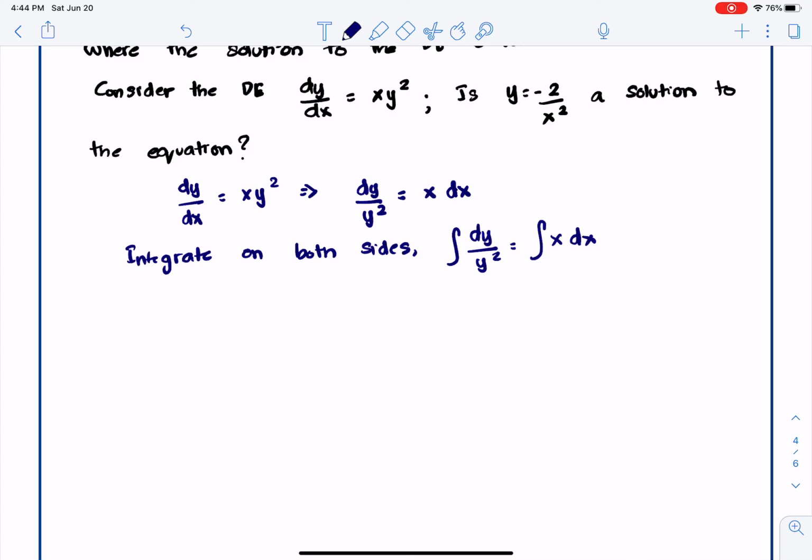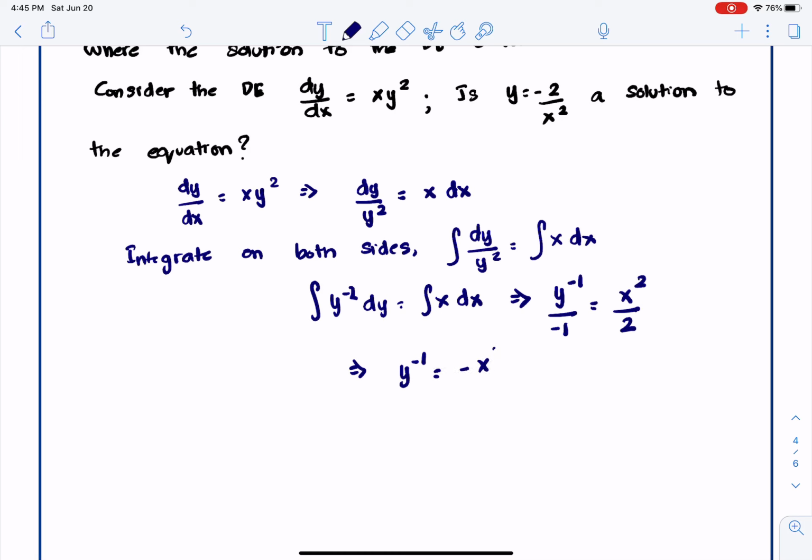So y raised to negative 2 dy equals x dx. So we will have y raised to negative 1 over negative 1 equals x squared over 2. Y raised to negative 1 would equal negative x squared over 2.